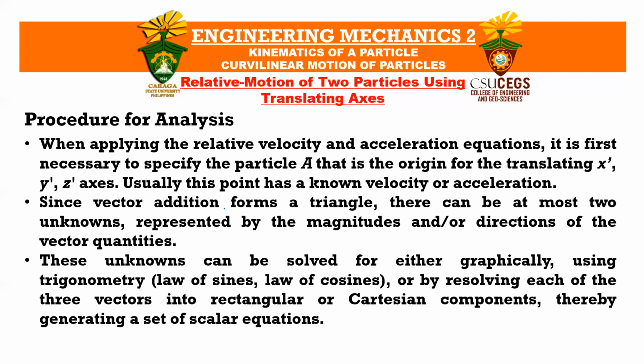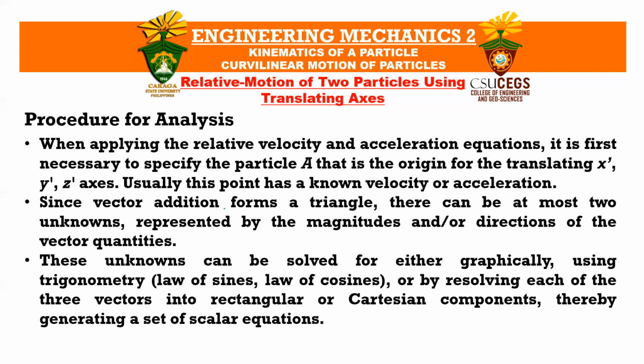Since vector addition forms a triangle, there can be at most two unknowns, represented by the magnitudes and/or directions of the vector quantities. These unknowns can be solved either graphically using trigonometry, by using the law of sines and law of cosines, or by resolving each of the three vectors into rectangular or Cartesian components, thereby generating a set of scalar equations.